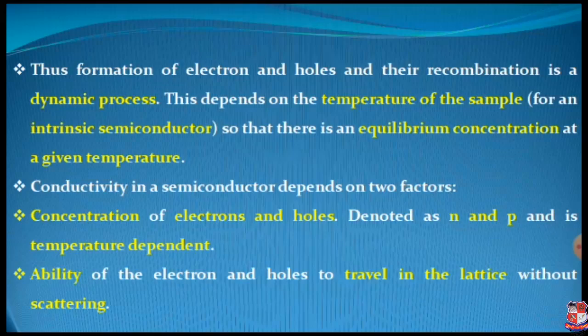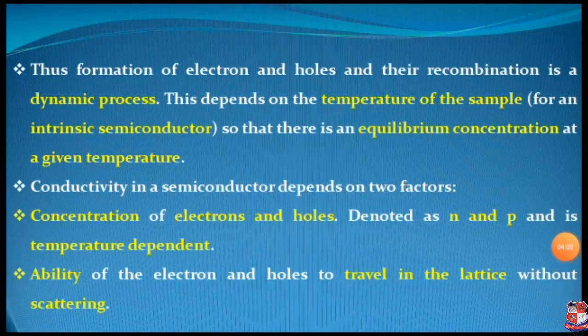Thus, formation of electron and hole pairs and their recombination is a dynamic process which is purely dependent on the temperature of the sample for an intrinsic semiconductor, because in an extrinsic semiconductor it also depends upon the structural properties of the impurity which we have doped, so that there is an equilibrium concentration at a given temperature. Only and only in intrinsic semiconductors the number of electrons and number of holes are equal, as per the theory 2.1.